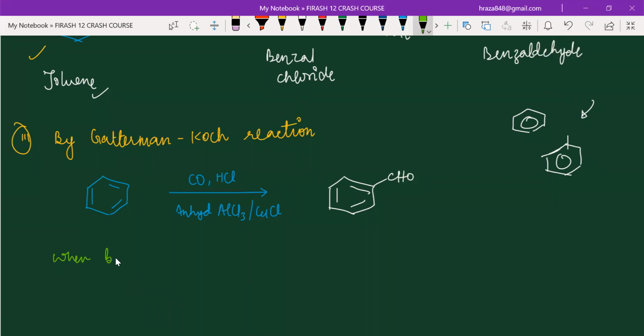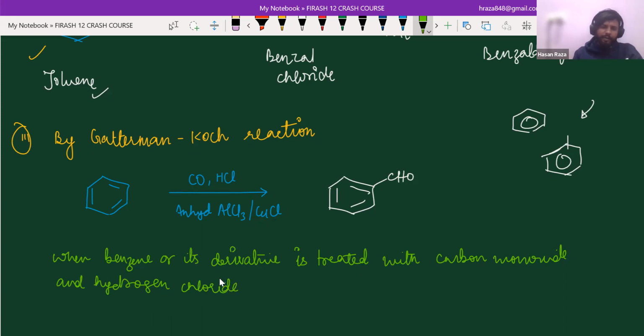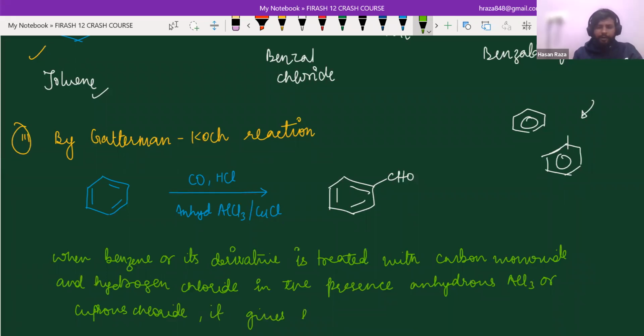When benzene or its derivative, that means substituted benzene, is treated with carbon monoxide and hydrogen chloride in the presence of anhydrous aluminium chloride or cuprous chloride, it gives benzaldehyde.